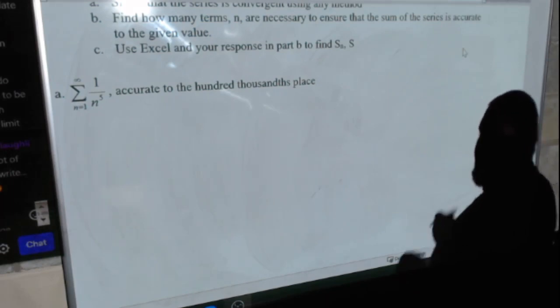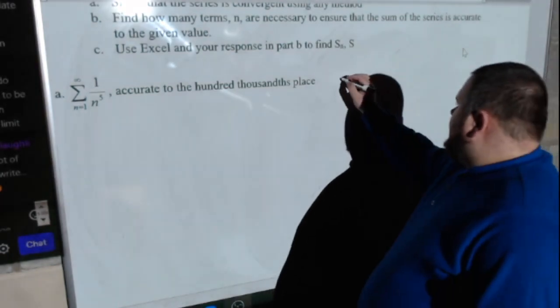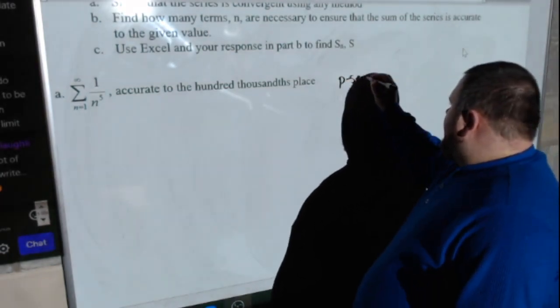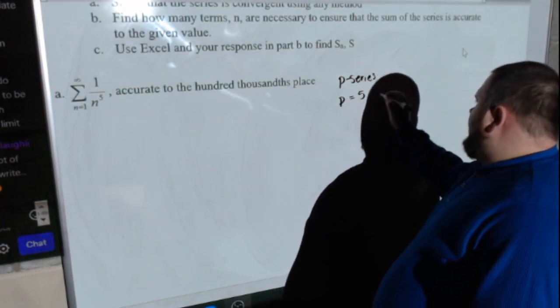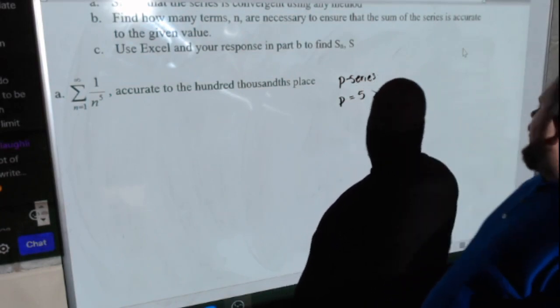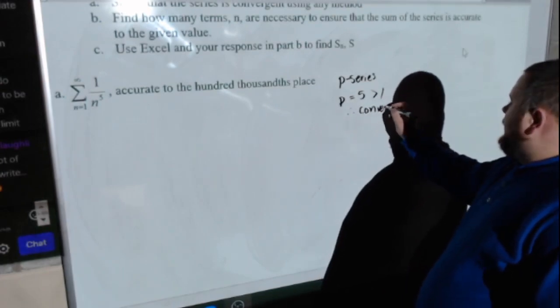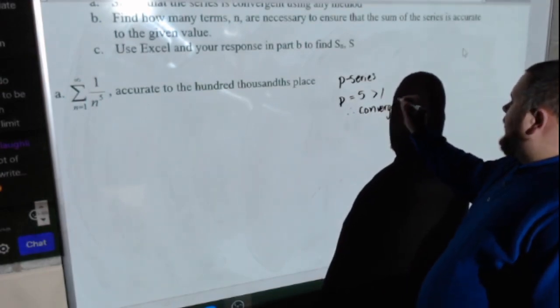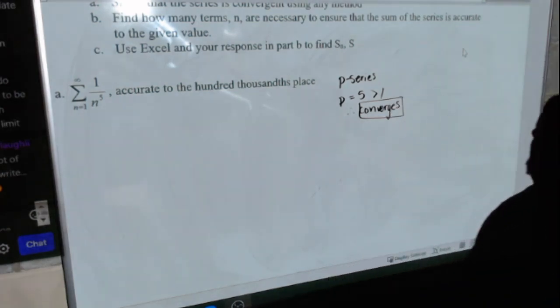Well, this is pretty simple because this is a p-series. So p-series, p is equal to 5, which is greater than 1. Therefore, it converges. That's all we need to do to prove that it converges. That's part A.